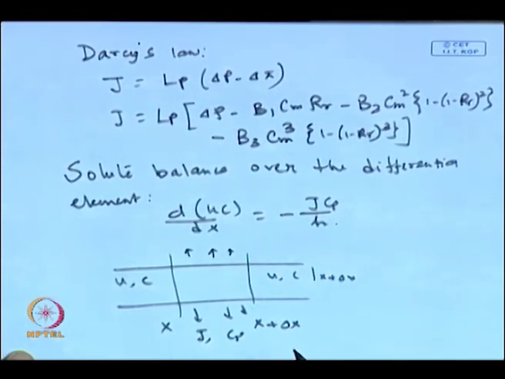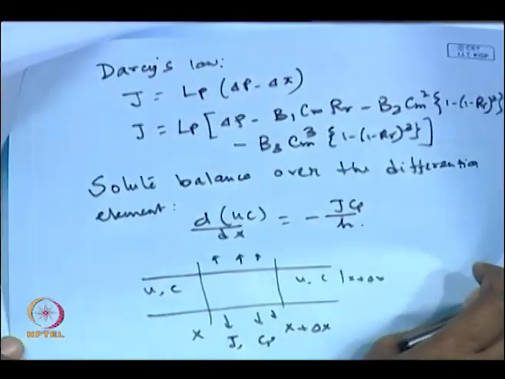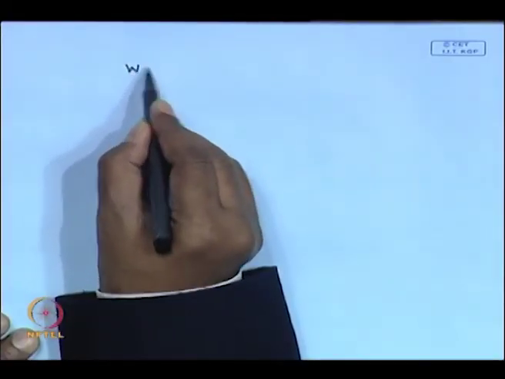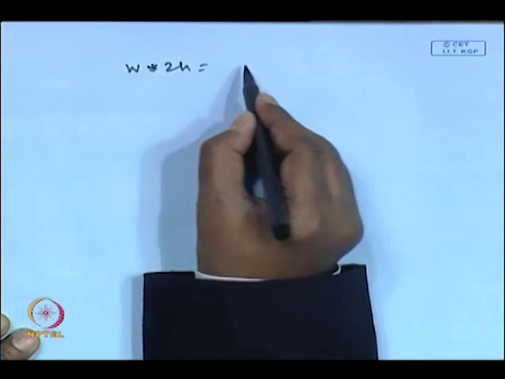So total solute coming into the system is u times cross sectional area, multiplied by C. That is the total solute going into the system. What is the cross sectional area? W times 2H. Okay, that is the cross sectional area.